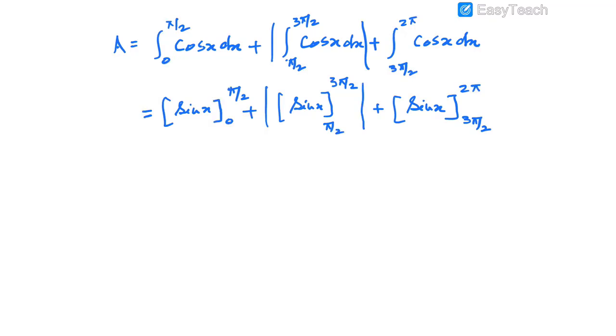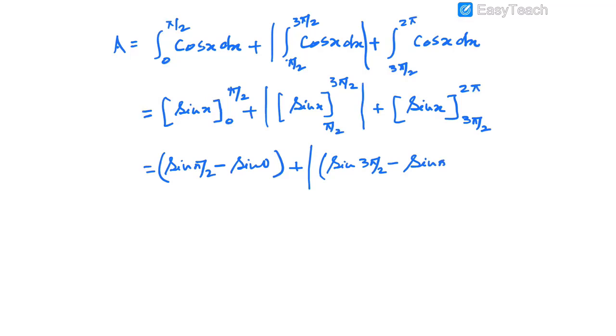Now putting the upper value and the lower value, we get sine pi by 2 minus sine 0 plus, within mod, sine 3 pi by 2 minus sine pi by 2, and sine 2 pi minus sine 3 pi by 2.